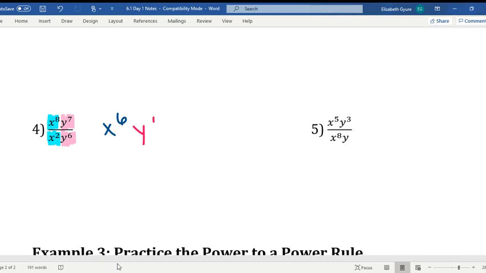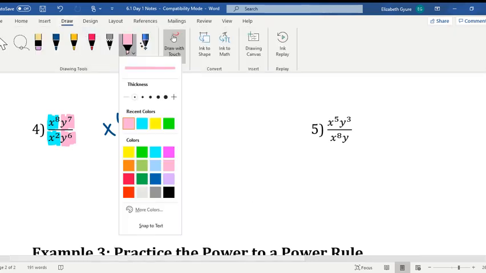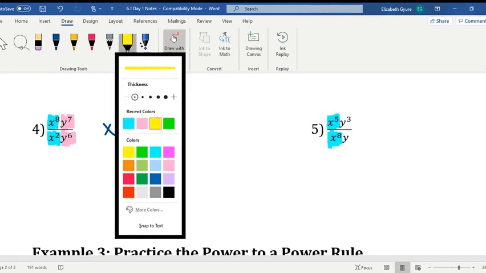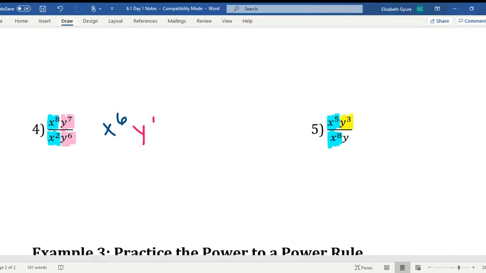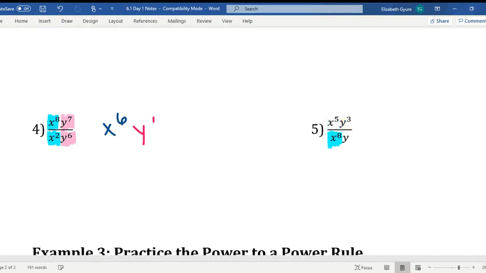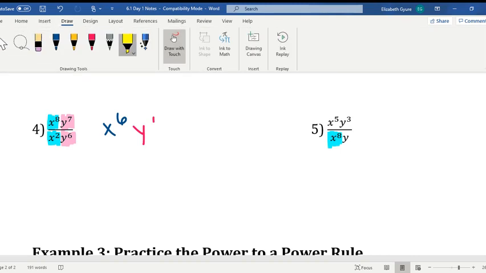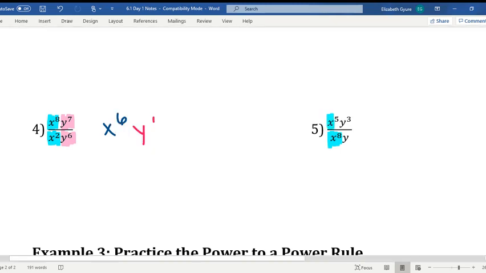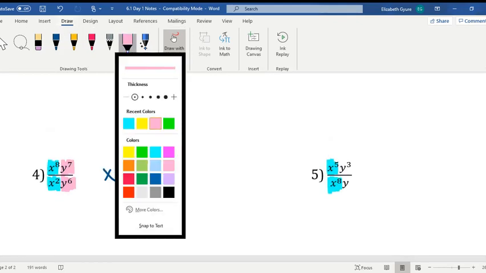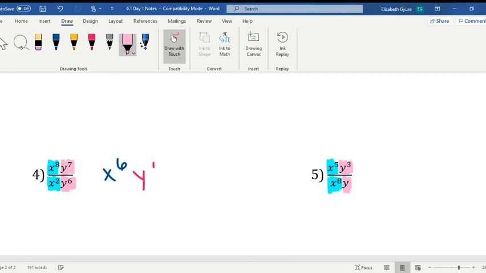All right, take a look at number 5. So I see x's and y's again. So again, x's go with x's, and y's go with y's.